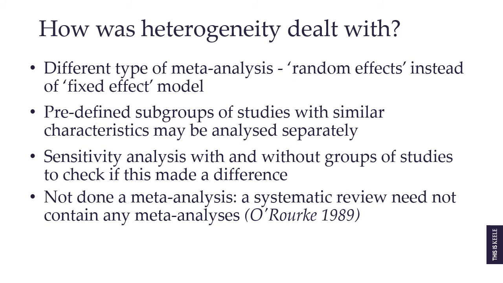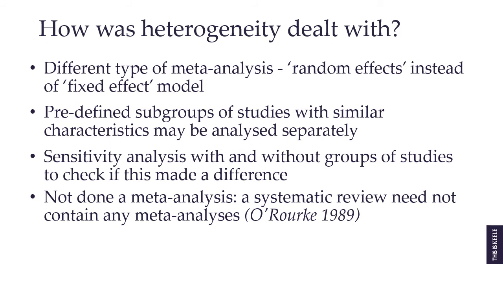This takes into account the variation to a certain amount. So you can't do it for large I-squareds, but if the I-squared is still reasonable, then they could use a random effects model instead. It takes account of that variation a bit more. It's more conservative in the estimates.